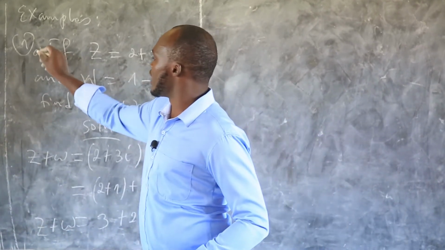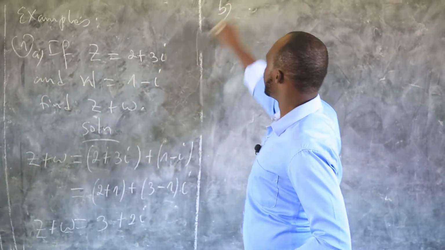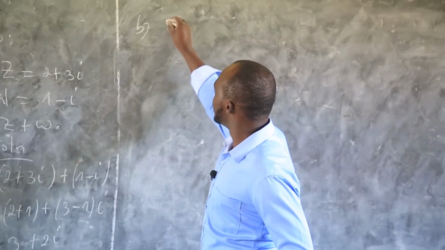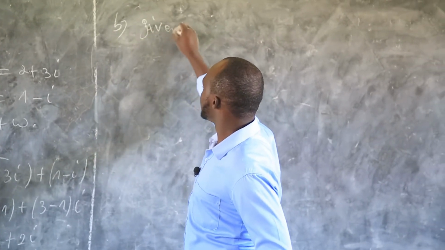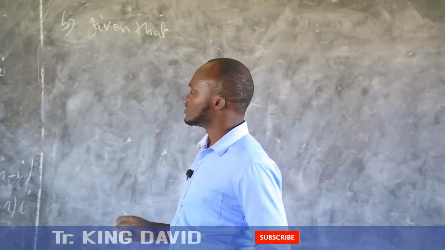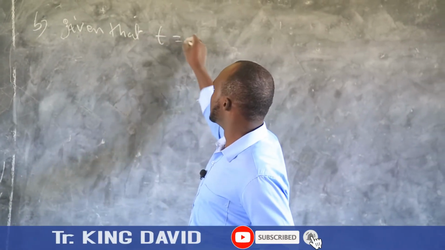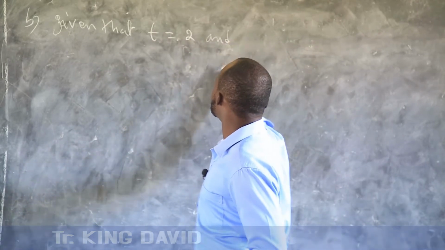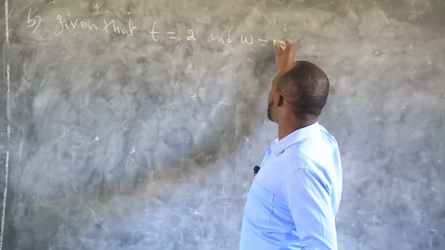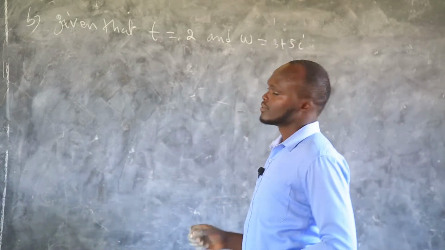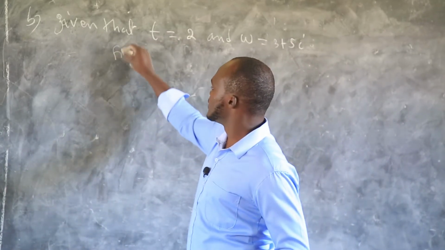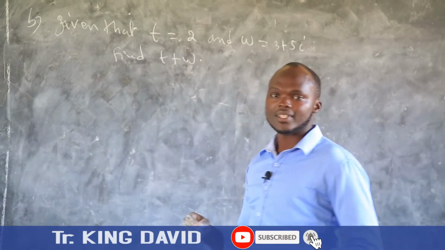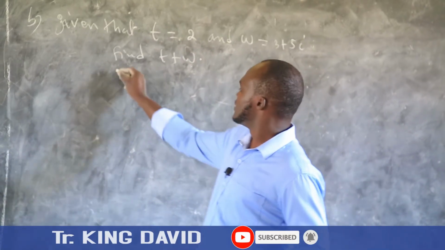So this was 1a. Now 1b: given that T equals 2 and W equals 3 plus 5i, find T plus W. How can I do that?